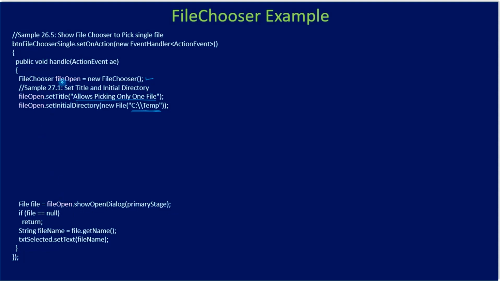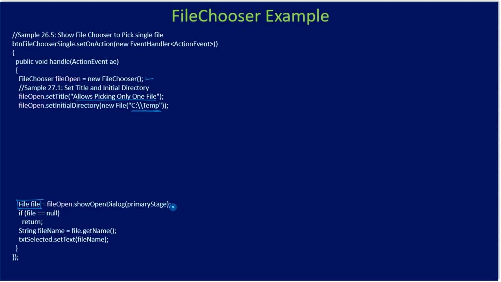So here we have the FileChooser, and if you see we are making a call to show open dialog. Then this will display the file open dialog. The user will pick a file and the picked file will get stored here in a reference.